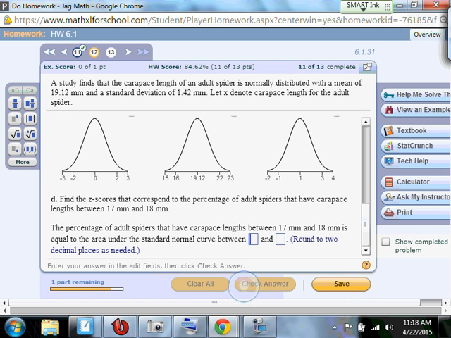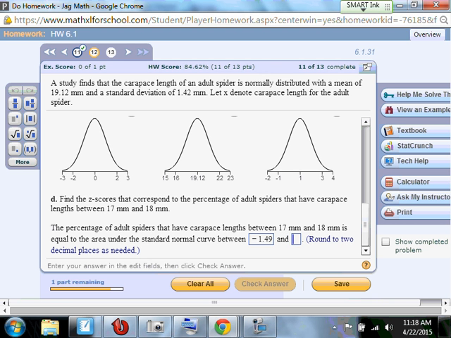And now we're going to actually have to find z-scores for 17 and 18. So what I'm going to have to do is take 17 minus 19.12 and divide that by 1.42. And I get negative 1.49.